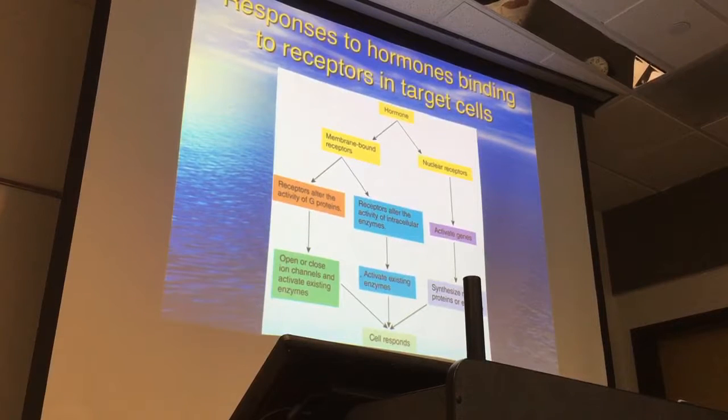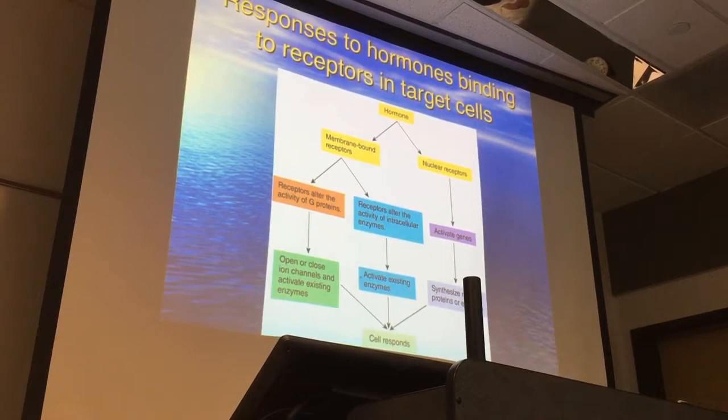You don't have to make the proteins, they're already there. You just have to activate them. Or sometimes the receptor-hormone complex activates already existing enzymes directly. And that produces the response. Okay? This is quick, this is slow. Because you've got to make new things. Here we're just altering existing proteins.